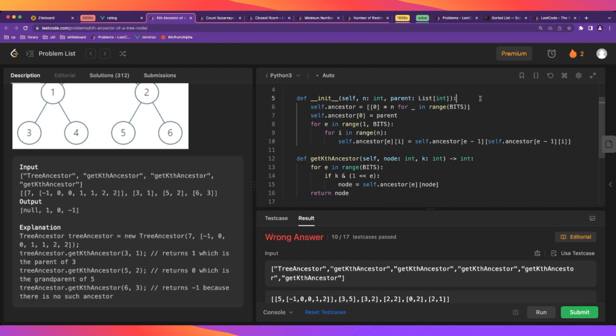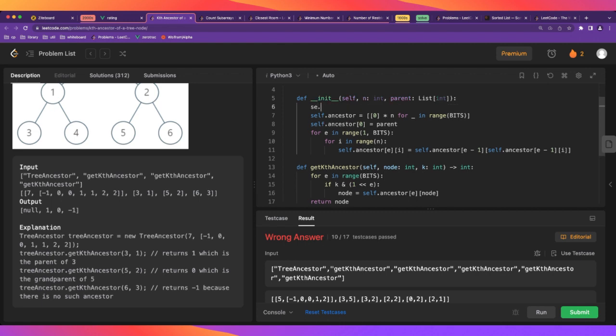I mean, we cannot use -1 easily because we cannot index the table with a negative number, but yeah, I think that should work.